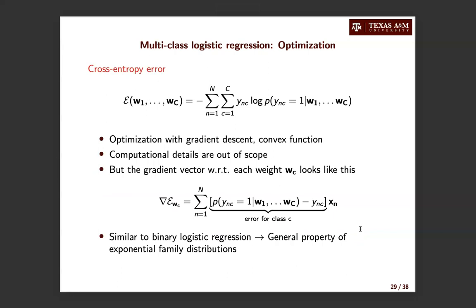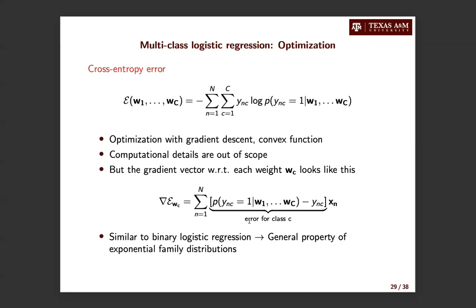A very simple optimization procedure that we can use is gradient descent. We can find the gradient vector with respect to each of these weights. And although computational details are out of scope, we see that this gradient vector for the multi-class case is very similar to the gradient vector of the binary classification case.